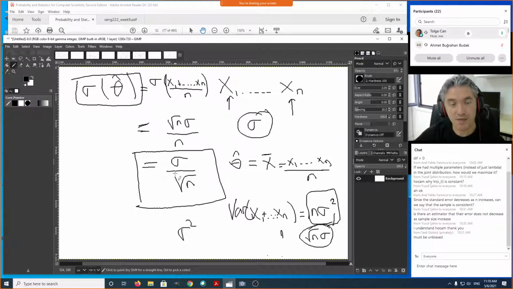Because we are going to estimate the population mean, and in that case, our estimator is going to be x bar. So if you have a sample of size n, its standard deviation is the standard deviation of the individual variables divided by square root of n.